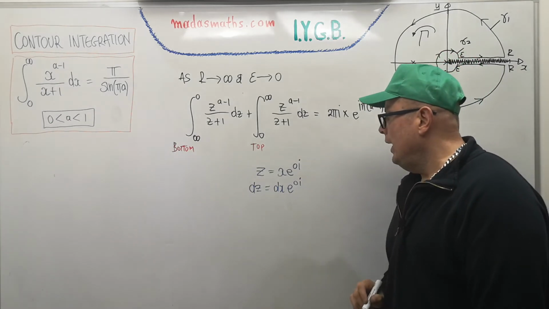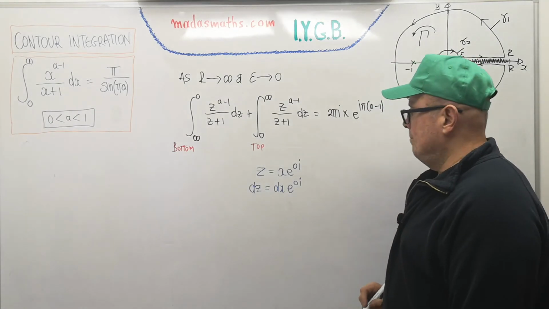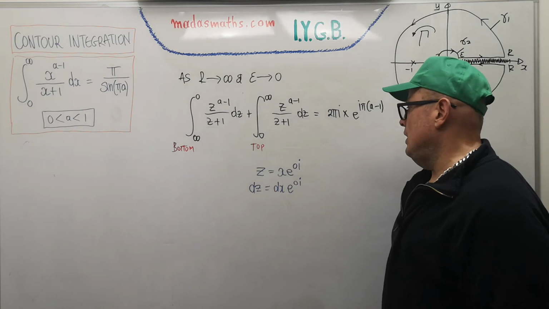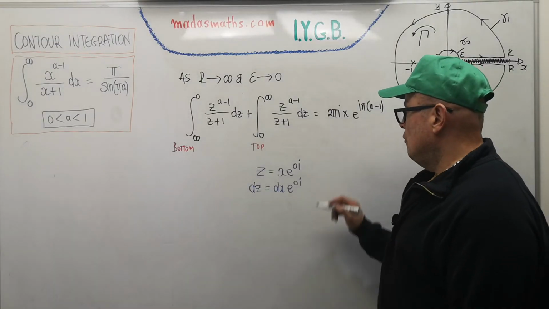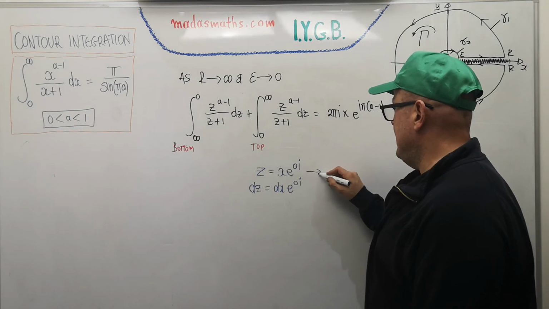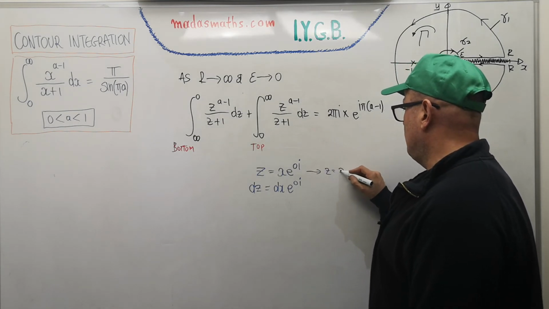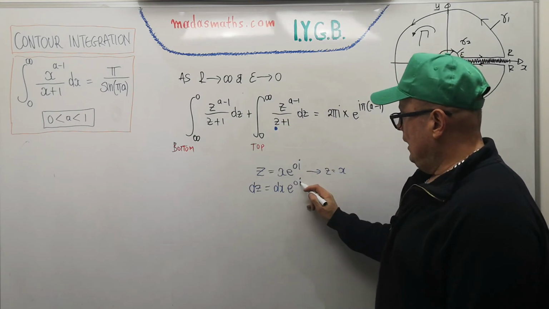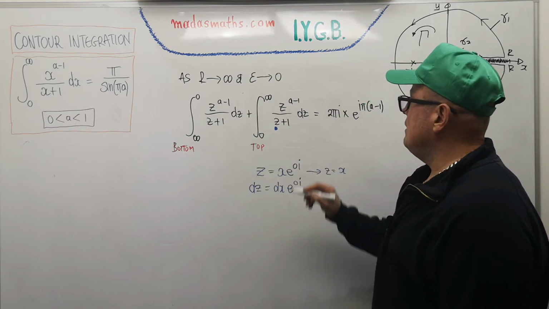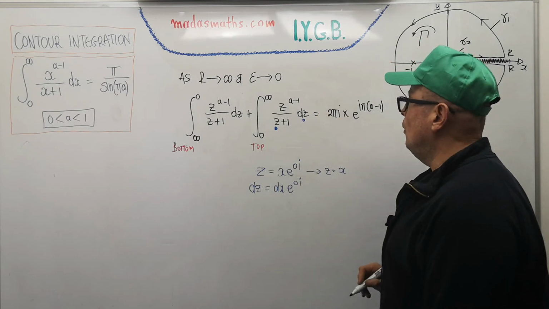No problem. What is e to the 0 i? It is quite clearly 1. So if you're on the top, you can say z is equal to x for this one. This is also 1, so dz is equal to dx. So you can swap that as well.